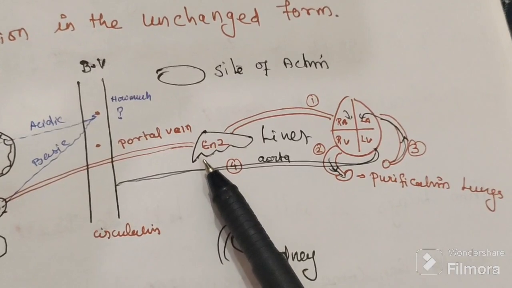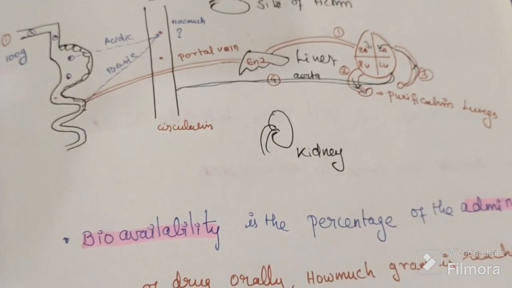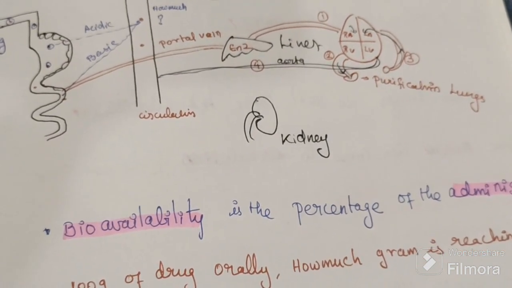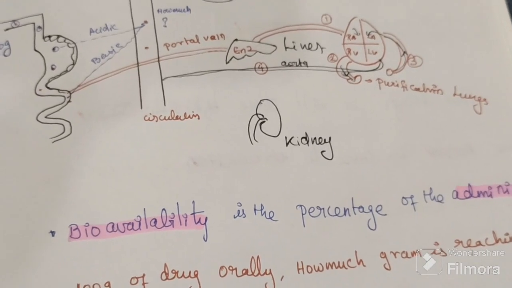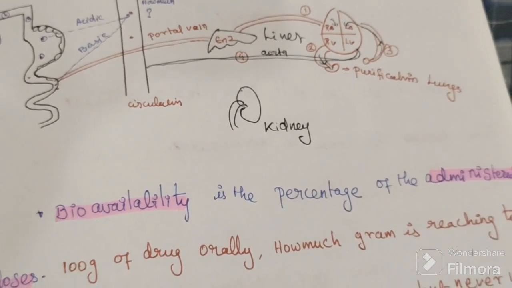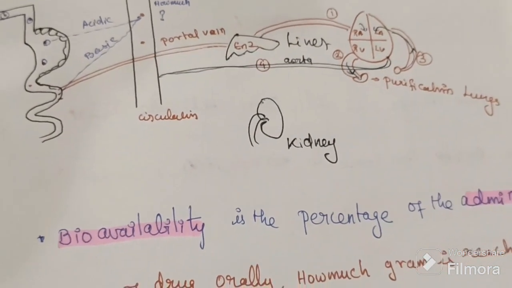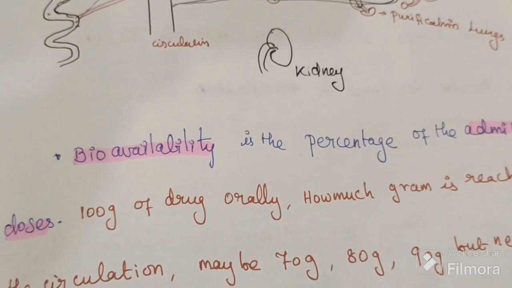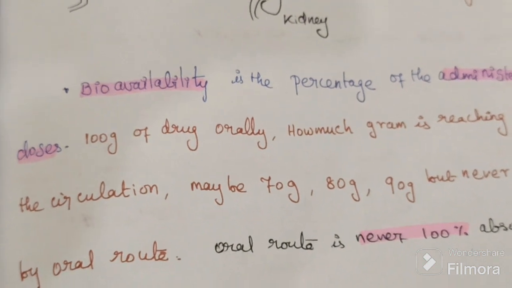Why is 100% of the drug not reaching the circulation? Whatever percentage of drug you give, for example I am giving 100%, never 100% reaches here, maybe 99%, never 100%.